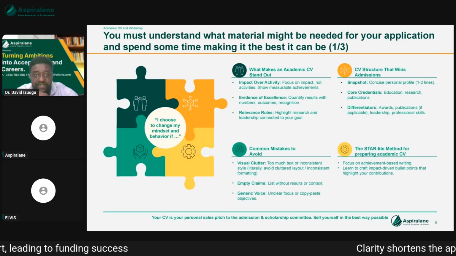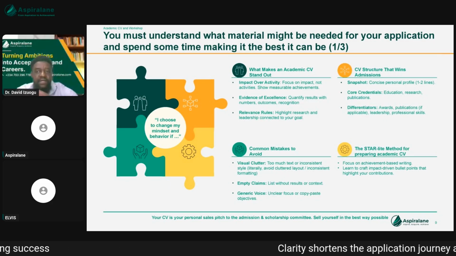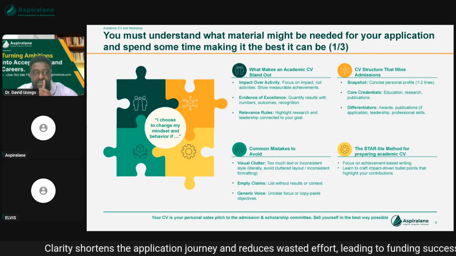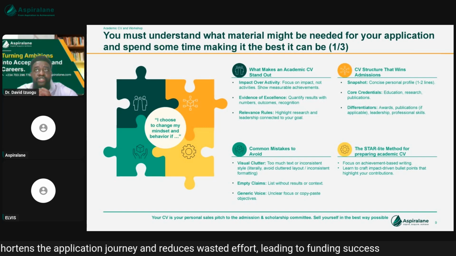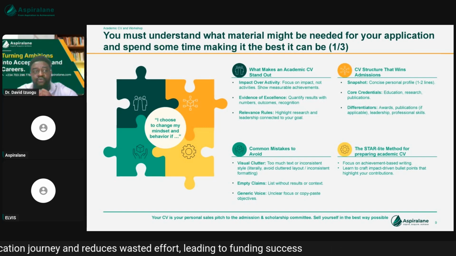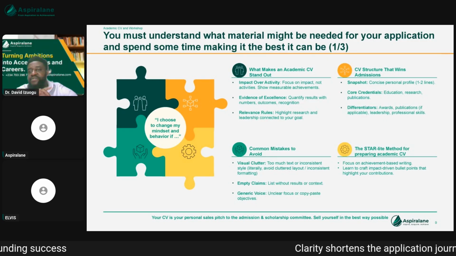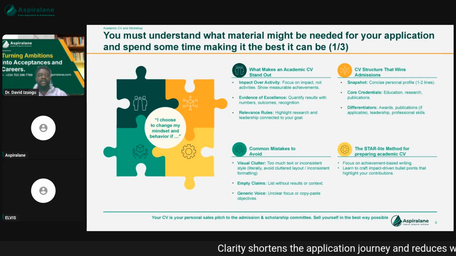So you must understand what material might be needed for your application, and then spend some time making it the best it can be. It shouldn't be something you just wake up and put together in a hurry. It shouldn't be something you do while you are traveling.